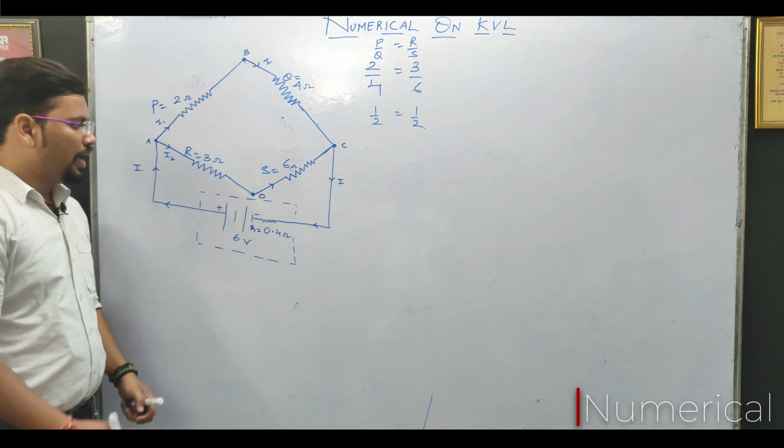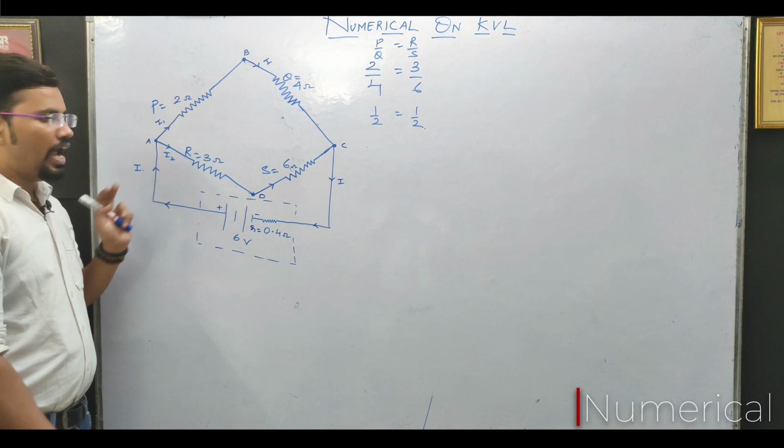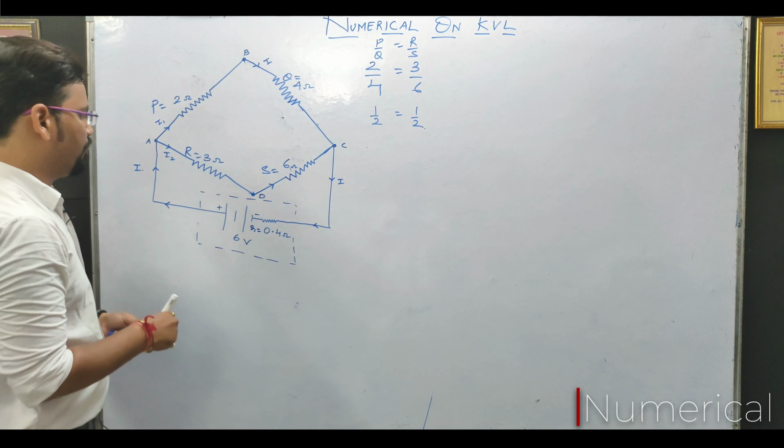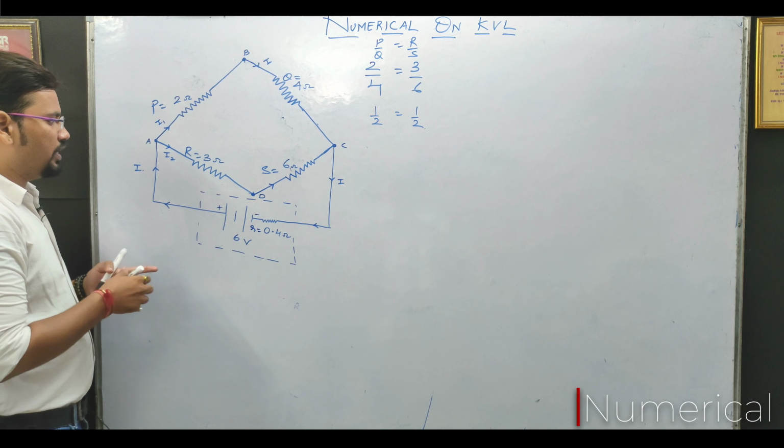So we'll apply the KVL and we'll try to find out the values of I1, I2 and I through the KVL. In order to apply the KVL, we have to take the loop.